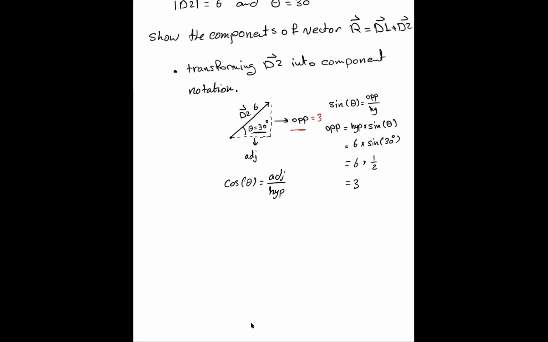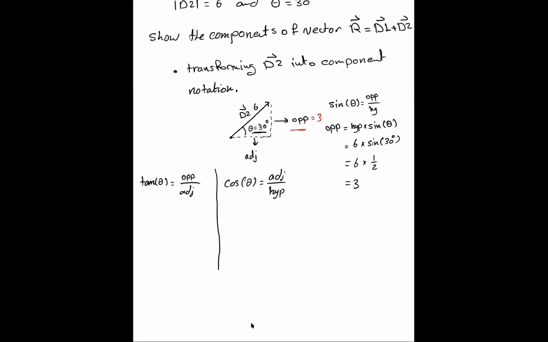And since we solved for the opposite, could we also use the tangent? In this case, since opposite is known, yeah, we can use the tangent. And I can do that right next to each other. So we can use the cosine, and we can use the tangent, which is opposite over adjacent.